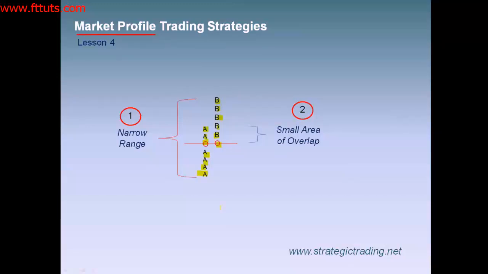So really, in total, this was a very narrow range, and we had a small area of overlap. Typically, a small area of overlap is not characteristic of short-term trader behavior. However, I wanted to show you this example to show you that there are times when you will see this happen, and it'll still be the short-term trader who's in control.